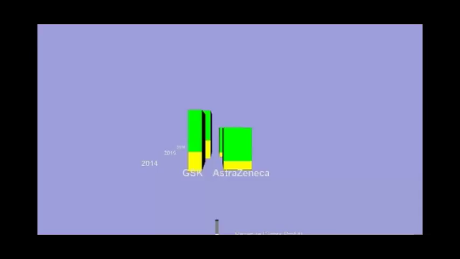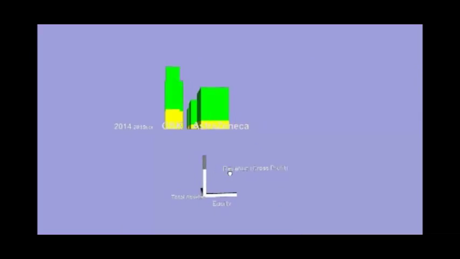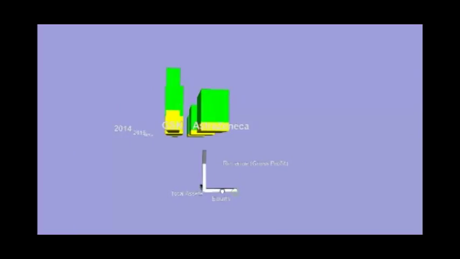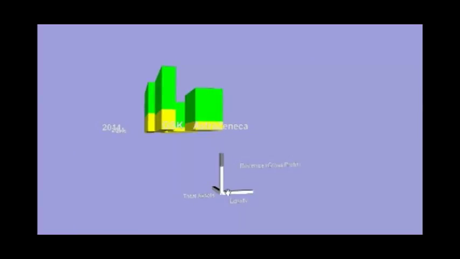That's done on purpose because it shouldn't interfere with the real graph, but to the bottom there is a small piece, and when we move the graph a little bit to the top, we can see it is a figure with 3 axes, and to the axis there are labels explaining what we are seeing in the graph.